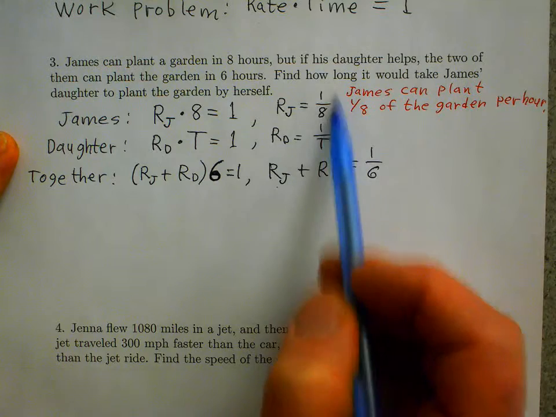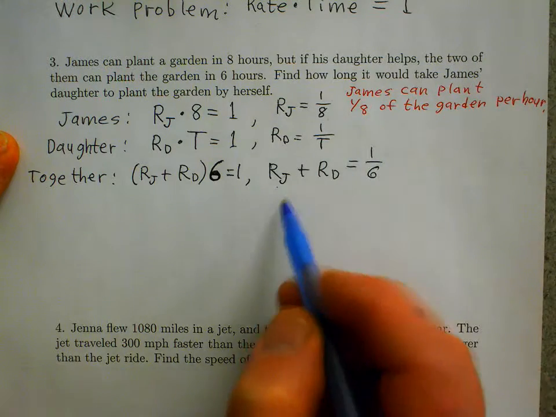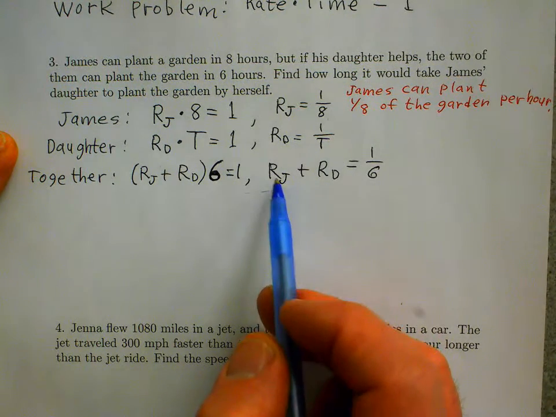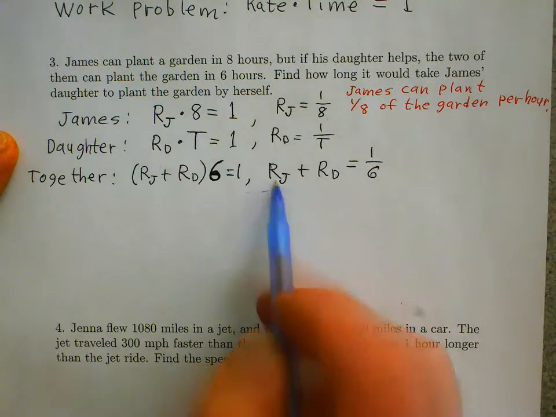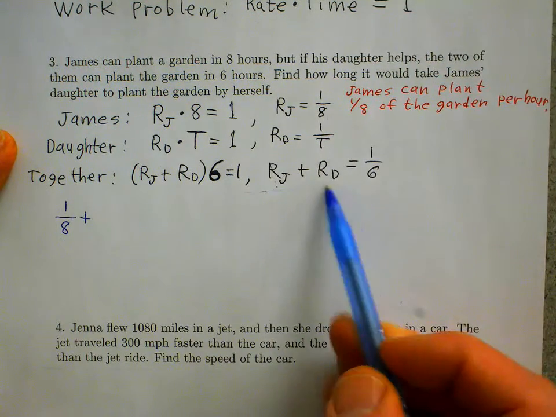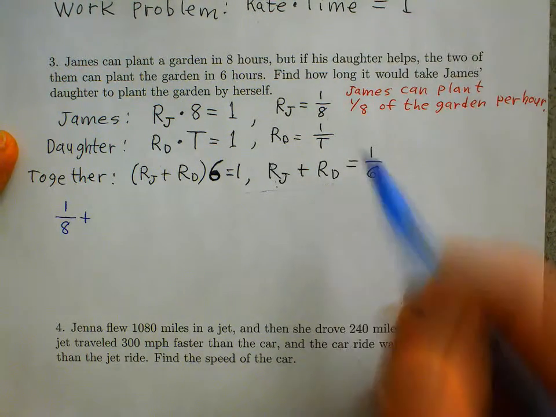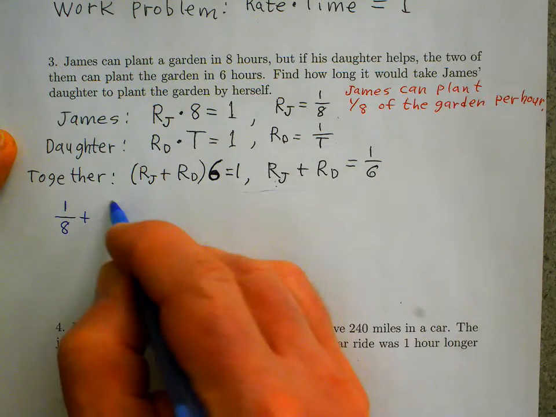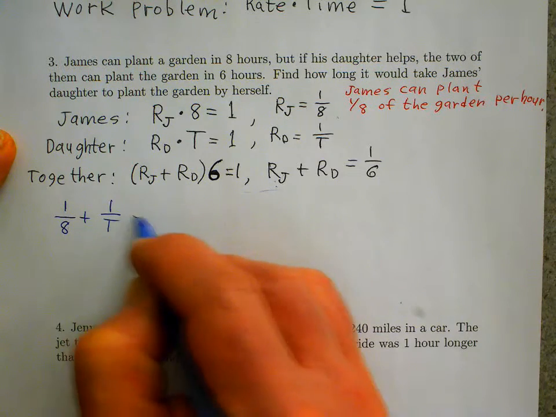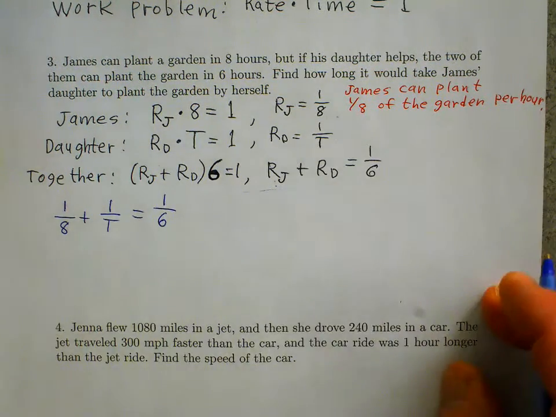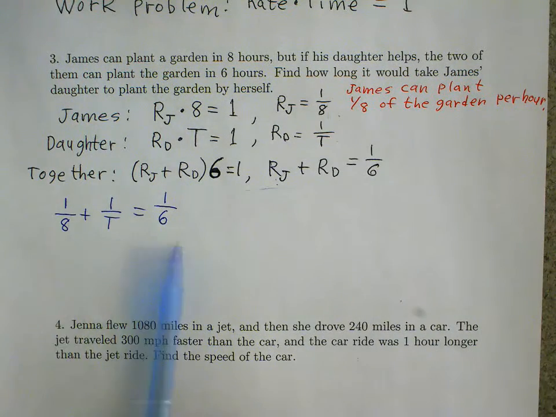He could plant 1/8 of a garden per hour. So in this equation, we're going to replace James's rate with 1/8. The daughter's rate, we're using 1/t to represent that. So we have 1/8, James's rate, plus the daughter's rate, 1/t. When they work together, the rate is 1/6. So here is our equation whose only variable is t.